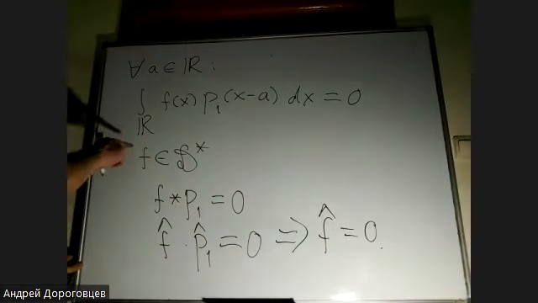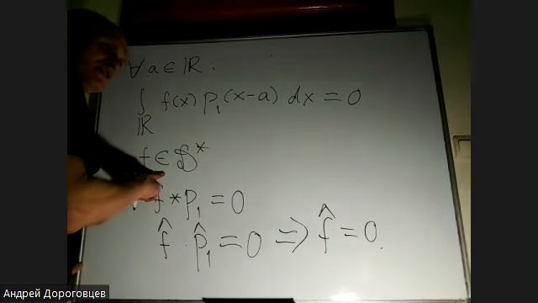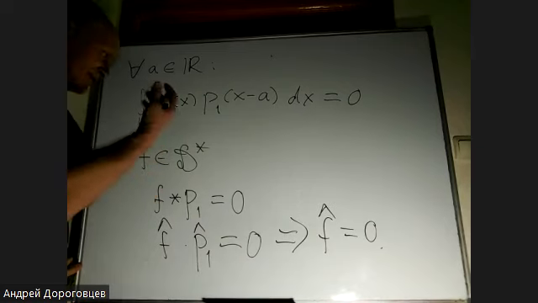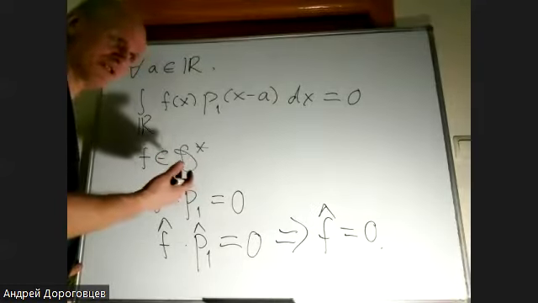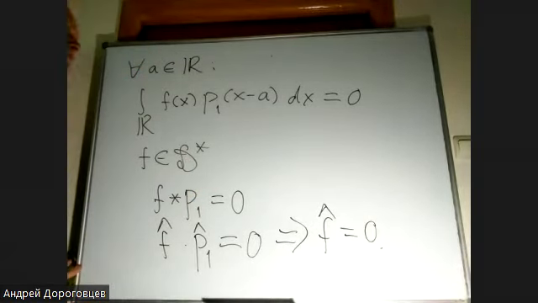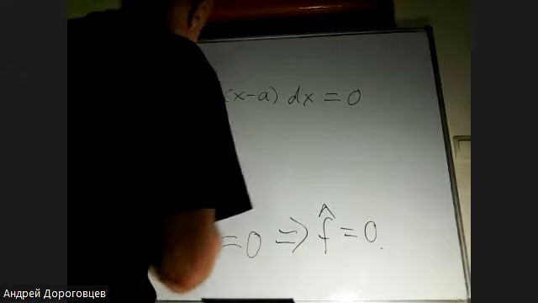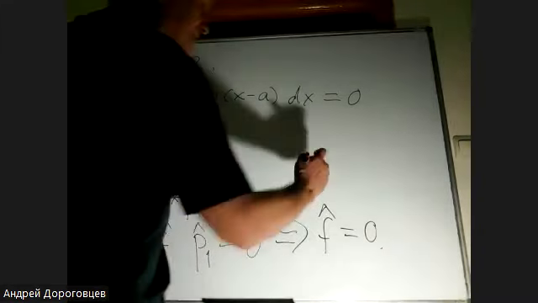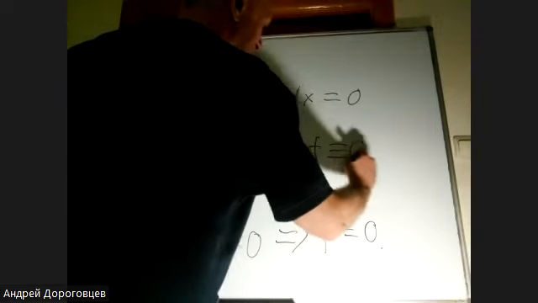And finally, this function is 0. But a regular generalized function which is equal to 0 is totally 0. So we have the conclusion that f is totally 0.